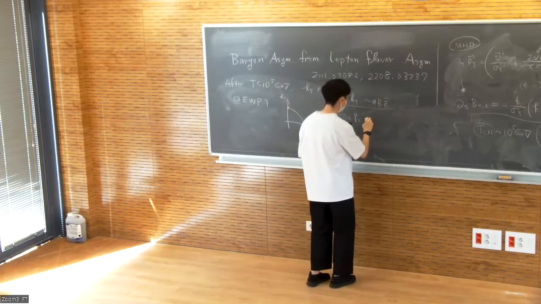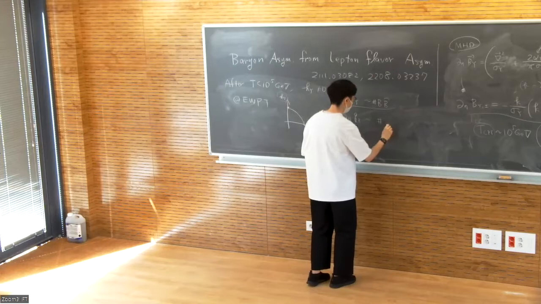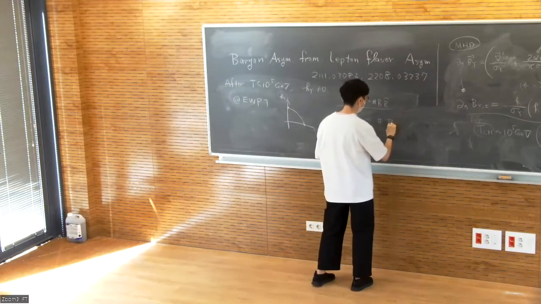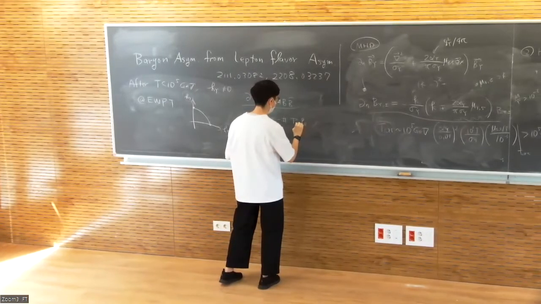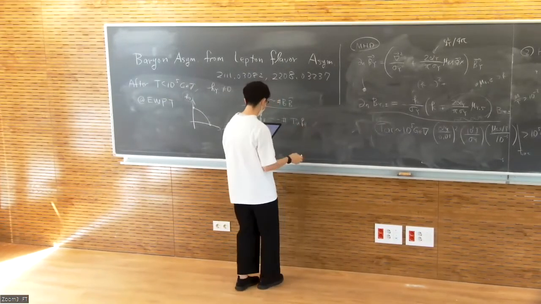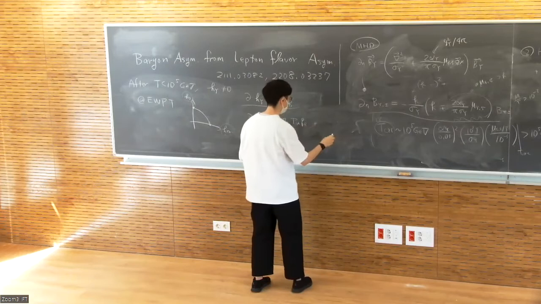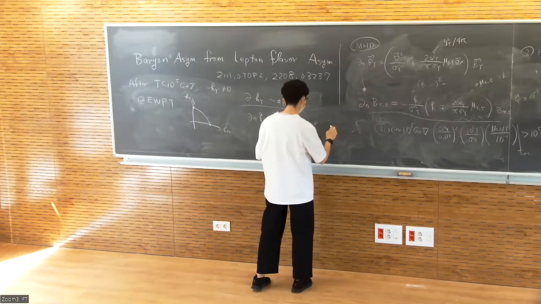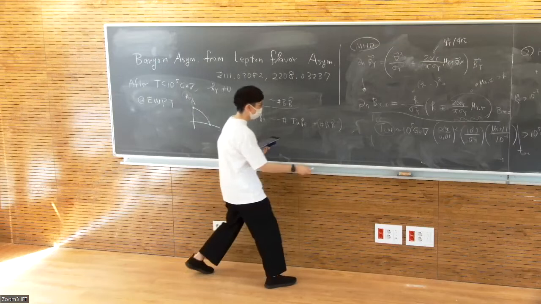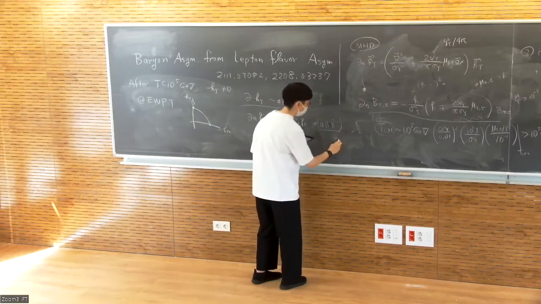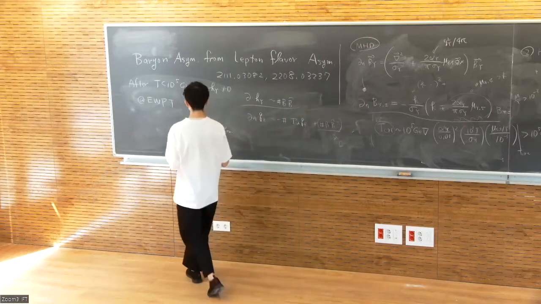I just skip the details. We have some terms like washout coming from the sphaleron, and also some terms which essentially come from the effect of dB dual. I don't write down the complicated expression, but these terms become non-zero at the electroweak transition.